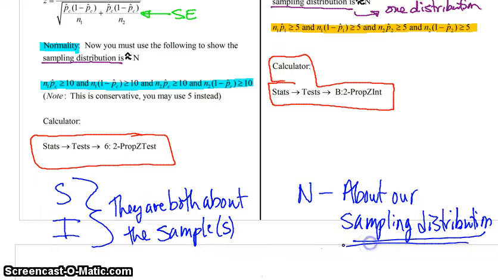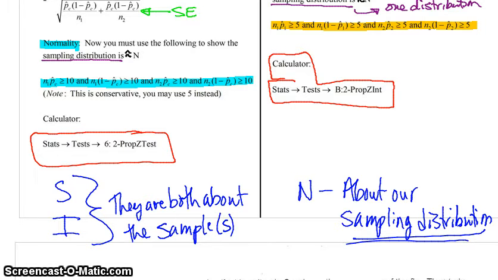Just the sampling distribution. Okay? We might use our samples to talk about the sampling distribution, but there's just one sampling distribution. Versus when we talk about randomness or independence, in this case we're going to have two samples, so I want to talk about those two samples in those two conditions. All right, that's a little bit of a review. Let's move on.